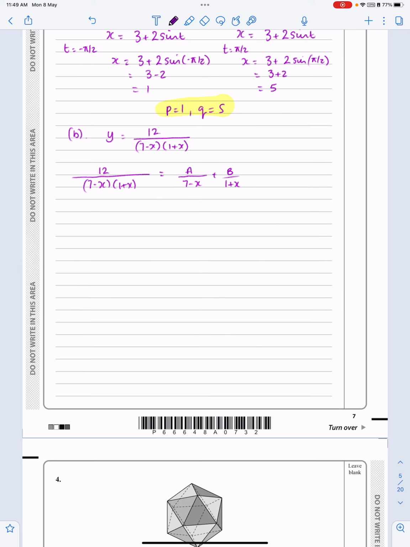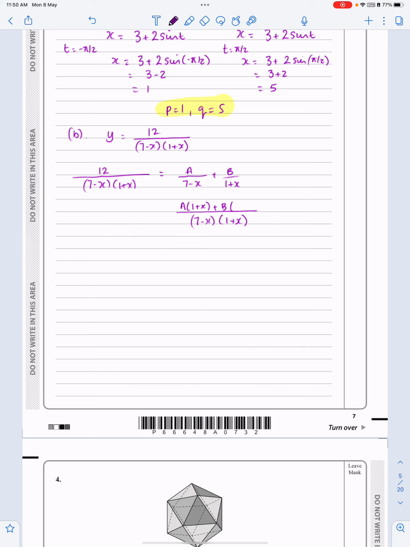Standard partial fractions. So what I want to do is on this right hand side to make it 7 minus x, 1 plus x as my common denominator. So this thing needs to be times top and bottom by 1 plus x. So I end up with that. And the b parts, this thing needs to be times top and bottom by 7 minus x.